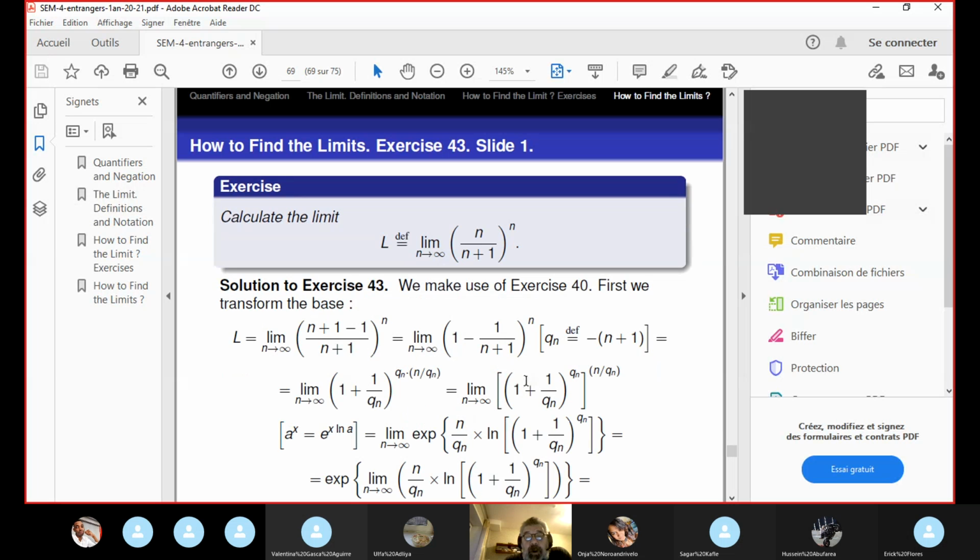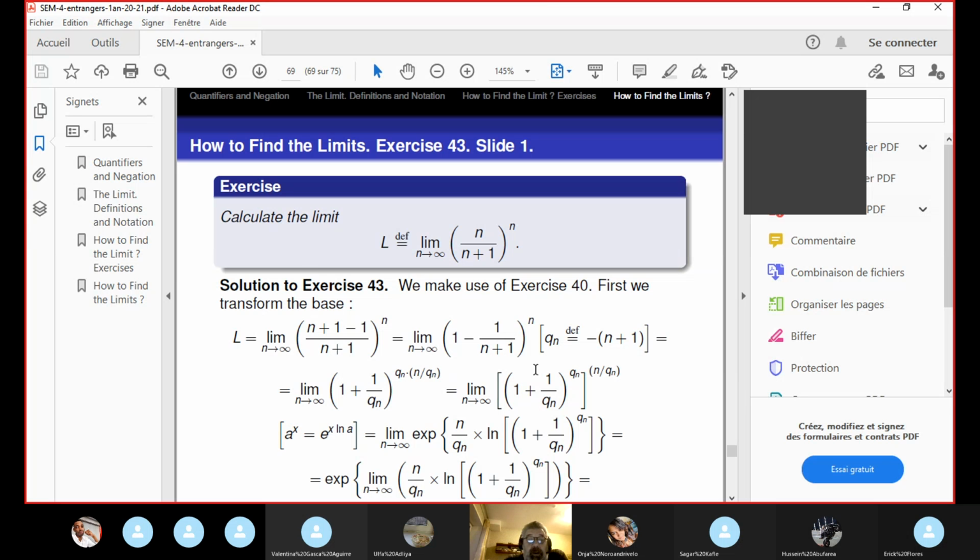So now we pass to another example, which leads also to the number e. We want to find the limit as n goes to infinity of n over n plus 1 to the power n. So first of all, we transform our base.